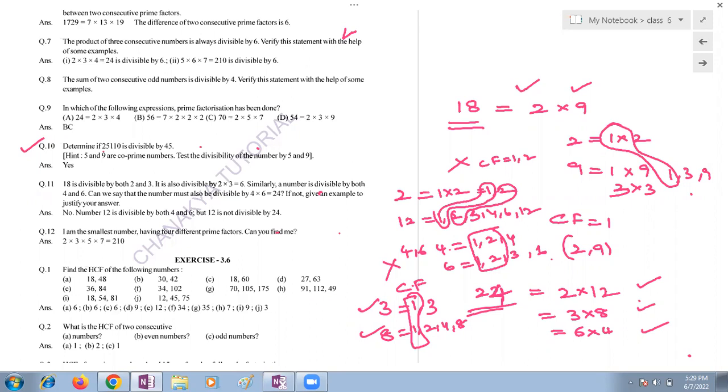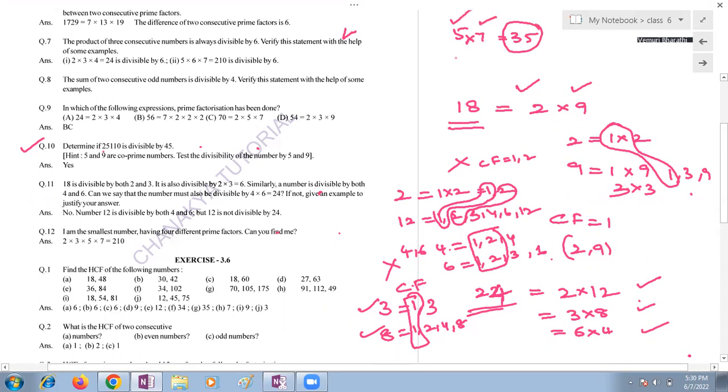Directly see, suppose 5 and 7. The product of 5 and 7 is 35. If you want the 35 divisibility rule, it should be true for the 5 rule and it should be true for the 7 rule. Then we can say the number is exactly divisible by 35 too.